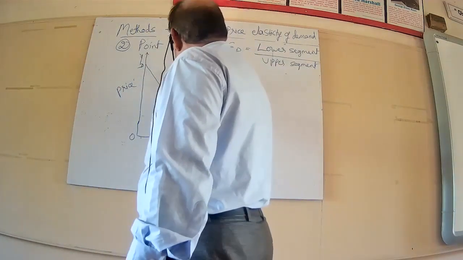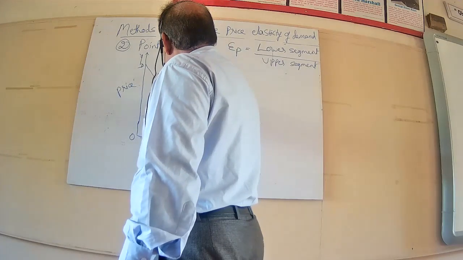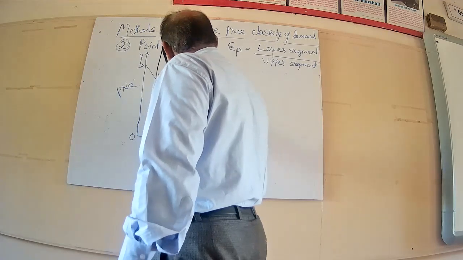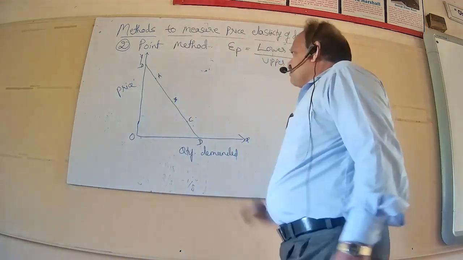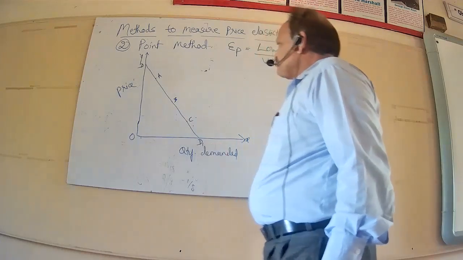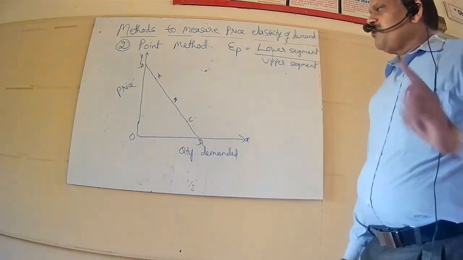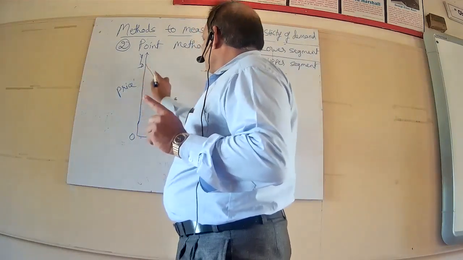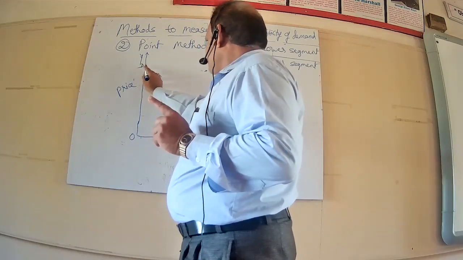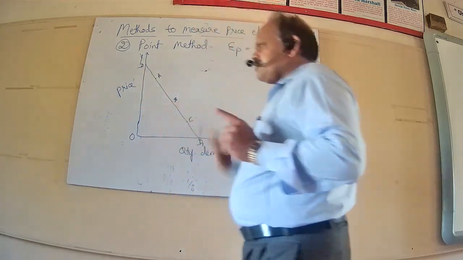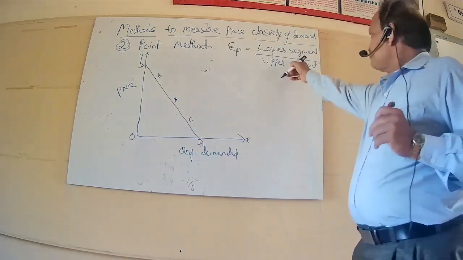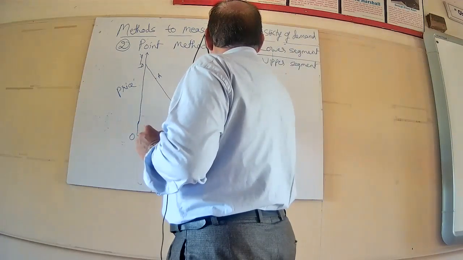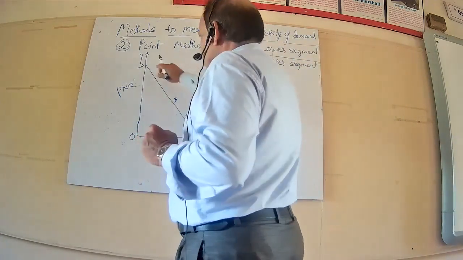And plot some points. Here one point A, exactly at the midpoint B, here C. Now we have to find out the point elasticity at all these 5 points of the demand curve, at points D, A, B, C, and D1, by using this formula. So elasticity at point D is equal to lower segment divided by upper segment.